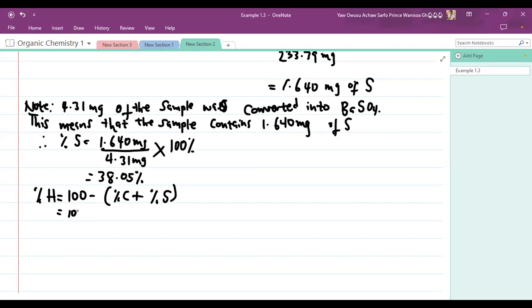So 100 minus the percentage of carbon, 57.1, plus 38.05. So our percentage of hydrogen will be 4.85%. So we now have our hydrogen.